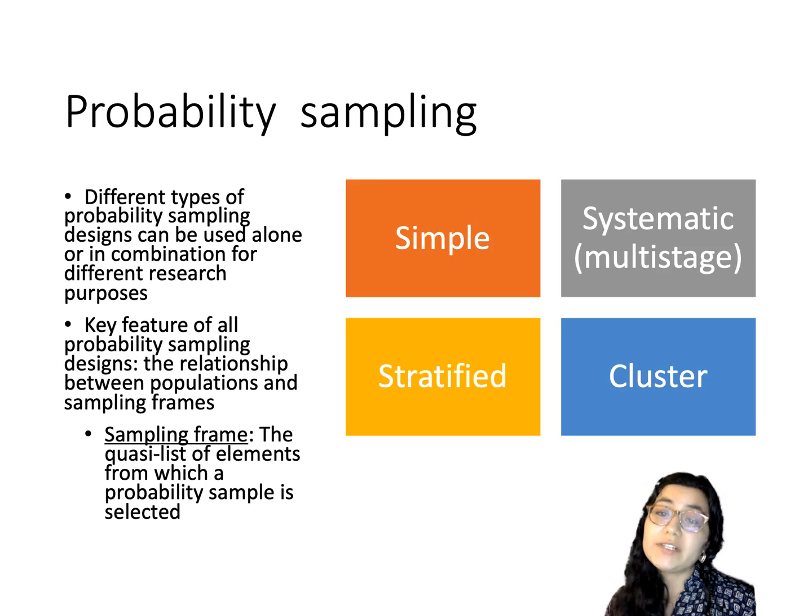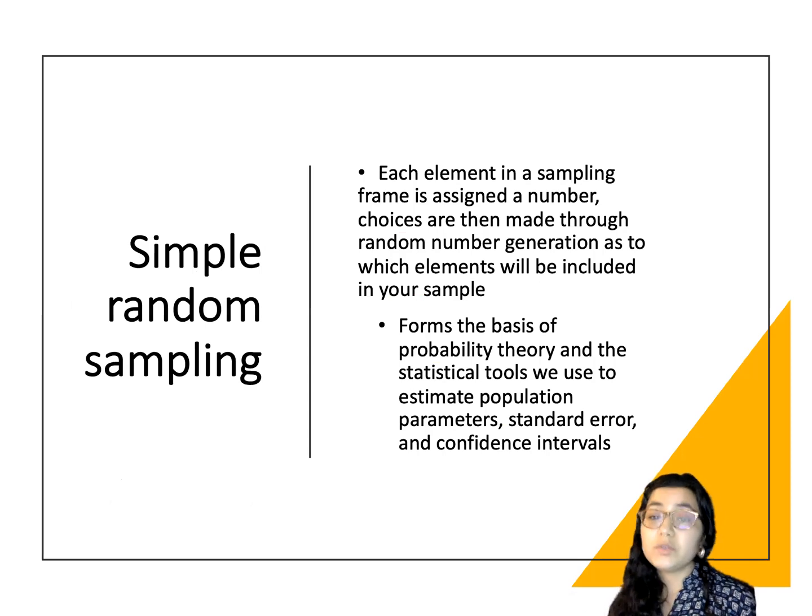And so these four types of sampling, the simple, stratified, systematic, and cluster, are what we're going to get into now. So simple random sampling is that each element has equal probability of being picked. Maybe they have an assigned number, and the choice for which observation gets picked is random.